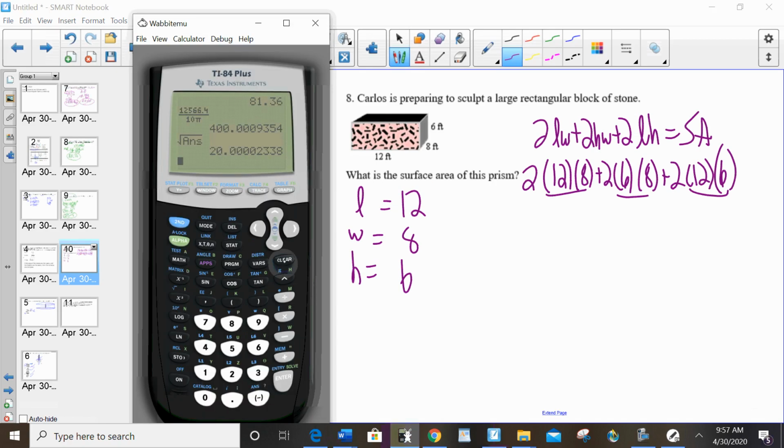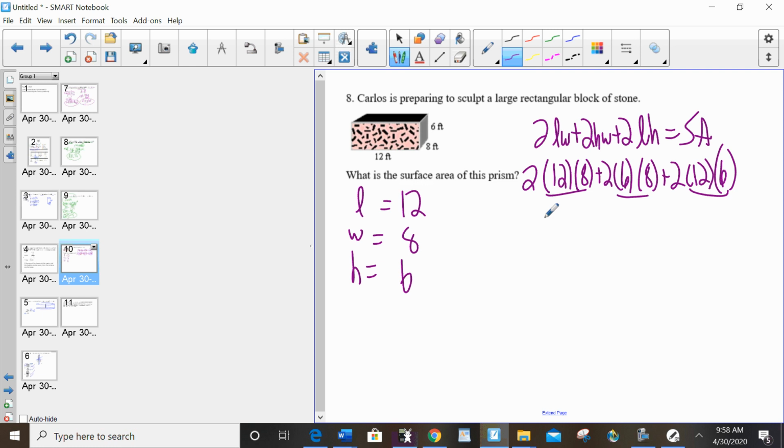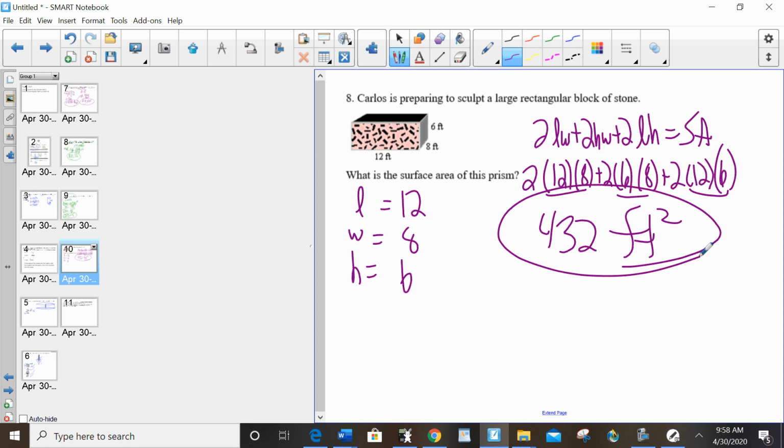From here, I just put it into the calculator. 2 times 12 times 8 plus 2 times 6 times 8 plus 2 times 12 times 6 is 432. So 432 square feet is your answer.